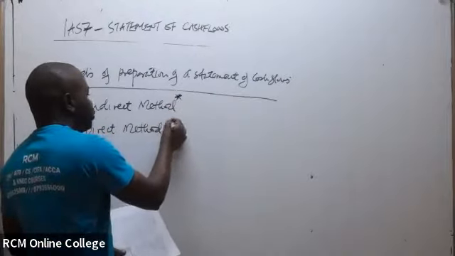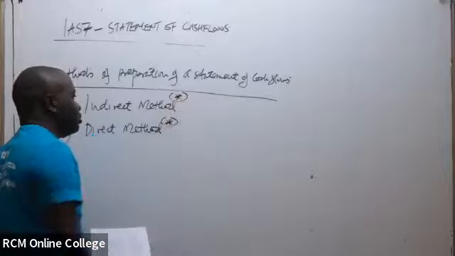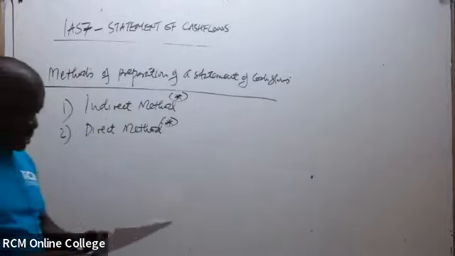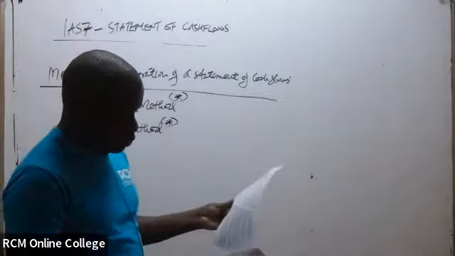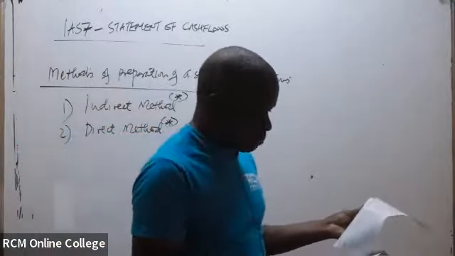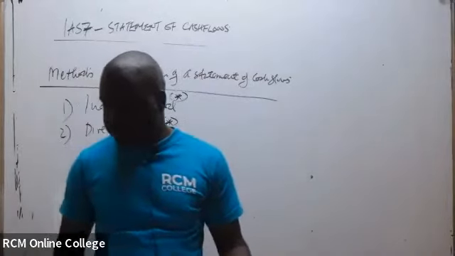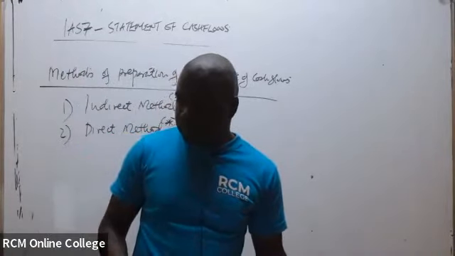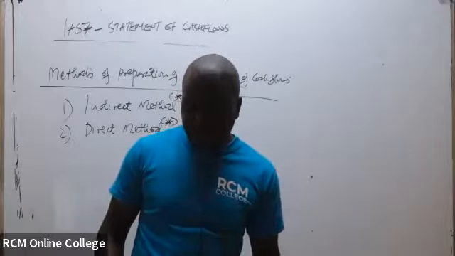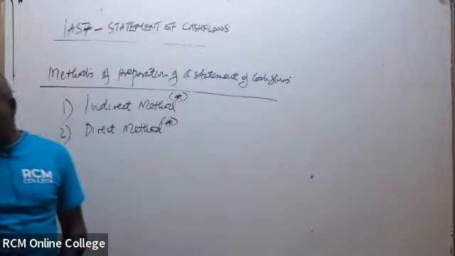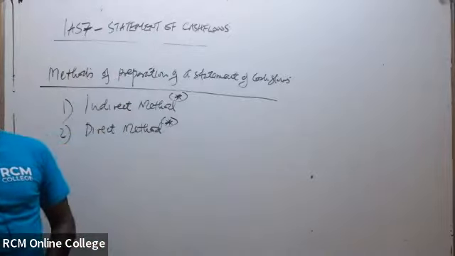Then I think we'll look at an illustration, how you can end up coming up with a statement of cash flows. So do you want me to give you an example already for the statement of cash flows?